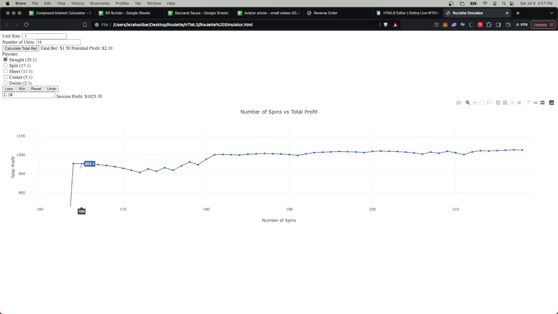Wait. 1, 2, 3, 4, 5, 6, 7, 8. So a depth of 8 right there. It's hard to tell exactly what this is. There should be an option to drag this scale. Not like that.